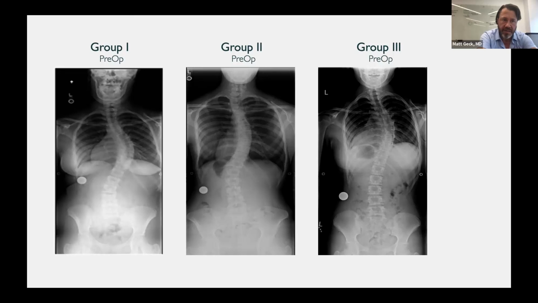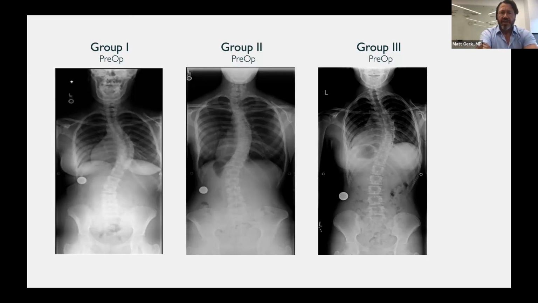Even 20 years after it's been tried, people started doing growth modulation in the late 90s, early 2000s, and even the current best systems still have complication rates in the 20%, 25% range. But for the growing patient with the perfect size curve, that is an option many parents would like, some patients are interested in, and I think can really help some people have a great result.